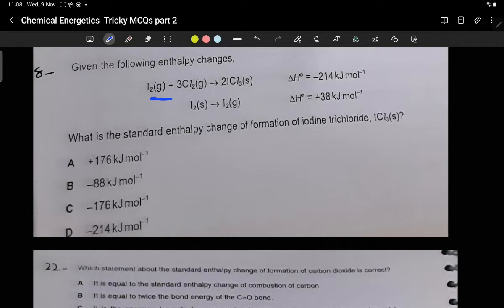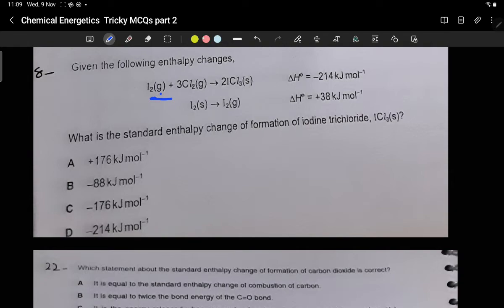What is the standard enthalpy change of formation of iodine trichloride? Now let's draw the pathway. This is gas, but under standard conditions it should be solid.